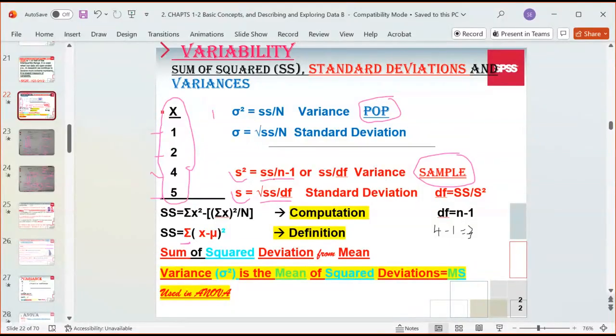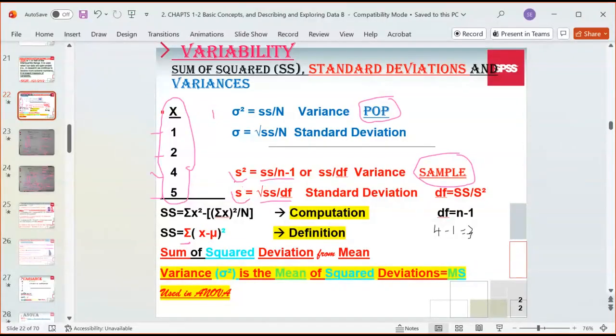DF is related to N, the sample size. Whatever your sample size is, you take away 1 from it, and that is DF, if you have 1 sample. So DF and N minus 1 are the same thing. SS divided by DF is the variance, and then S will be the square root of that. On the top one, the population variance is SS divided by N, and the standard deviation of the population is the square root of that.